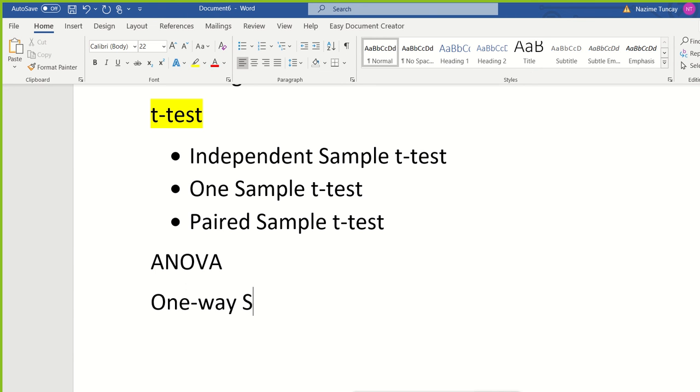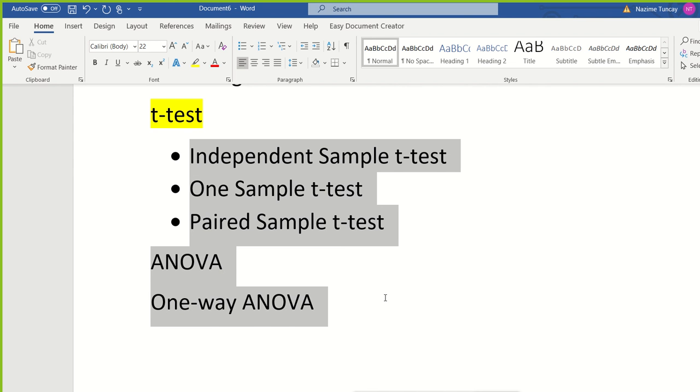So all these tests require a normal distribution. And we have seen that we have to have at least 30 participants, not 13, 30.